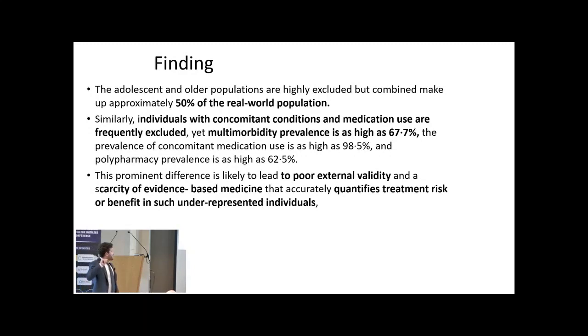They represent 67% of the populations being actively prescribed the medical device or drugs, yet are excluded from the RCT trials. So if you take these two pieces of information from the 33,000 RCT trials done in the UK together, they give poor external validity, a scarcity of evidence-based medicine, and they don't accurately quantify treatment risks and benefits.